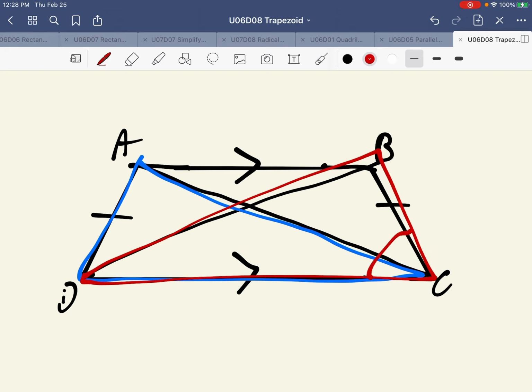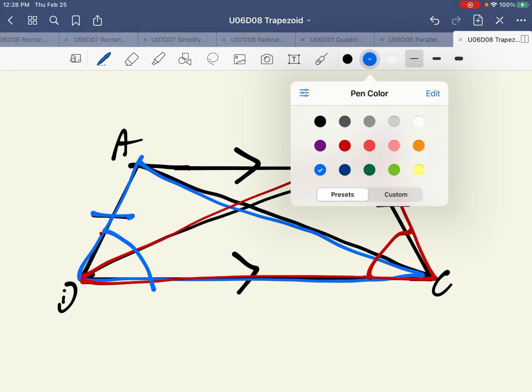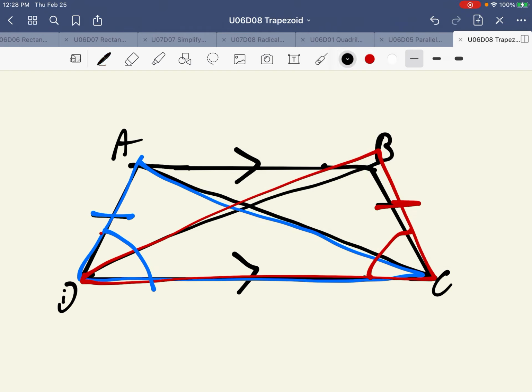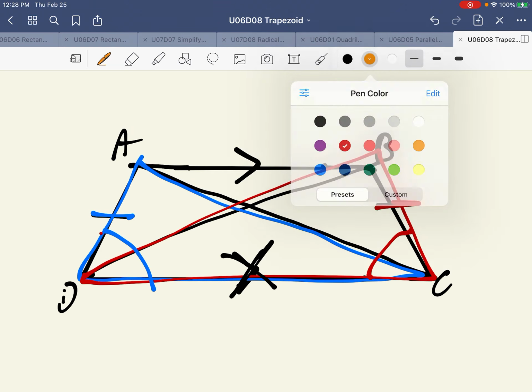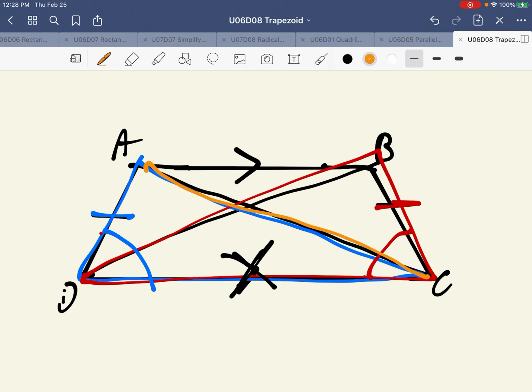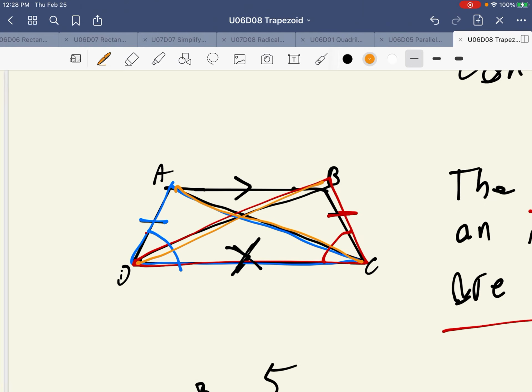And the reason for that is they have a pair of congruent angles, because these are the congruent base angles. They have the isosceles sides that are congruent, and there's a reflexive side that they share. So the two triangles are congruent by SAS, making the diagonals congruent by CPCTC. Corresponding parts of congruent triangles are congruent.